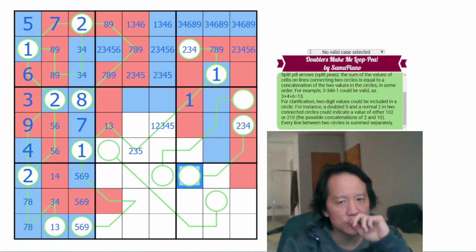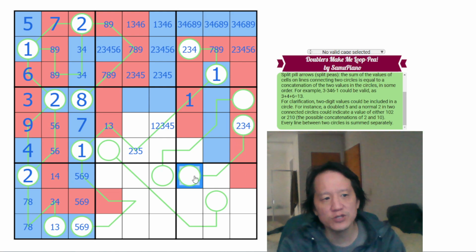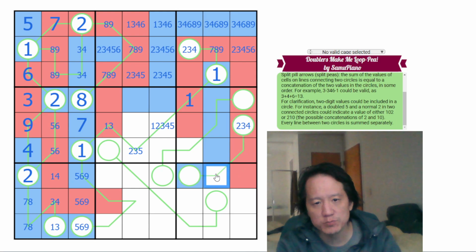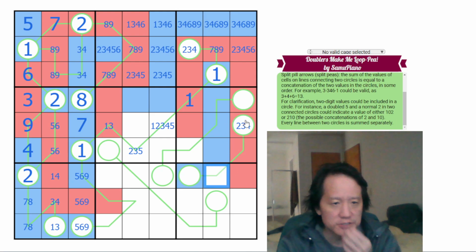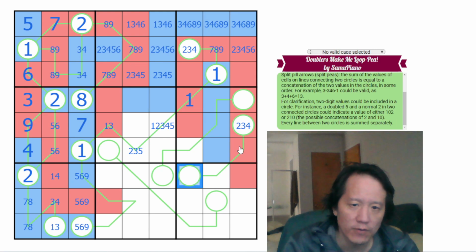This cannot be 2. Oh. This has to be 3. Because this is doubled. So this has to be 34, which means this is doubled. And basically this can never be 40 something, right?